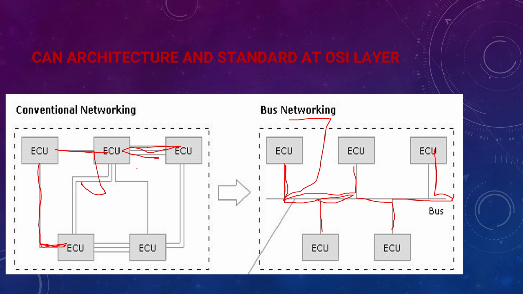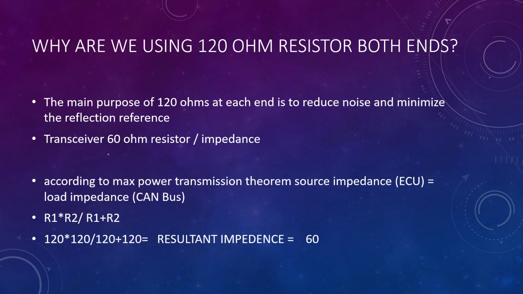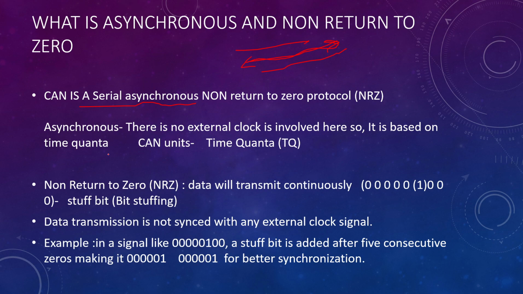In this case we would have to connect one more wire to communicate. To avoid this type of problem, we use synchronization or asynchronization, or the non-return to zero protocol.